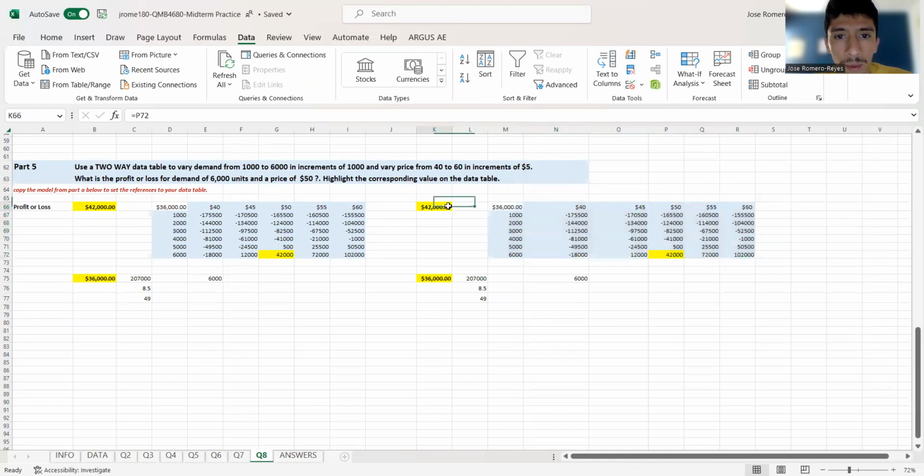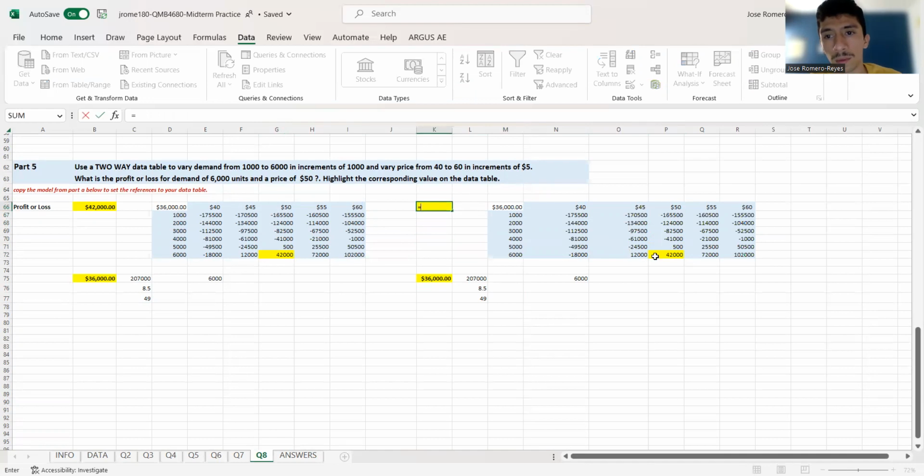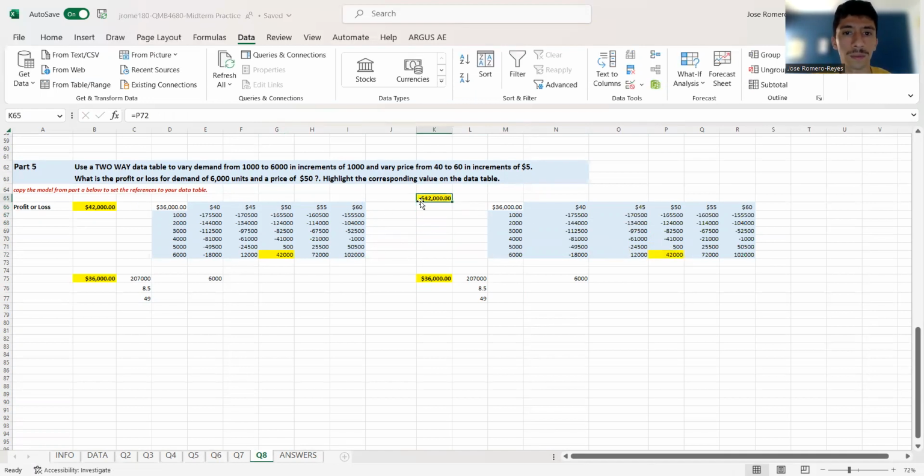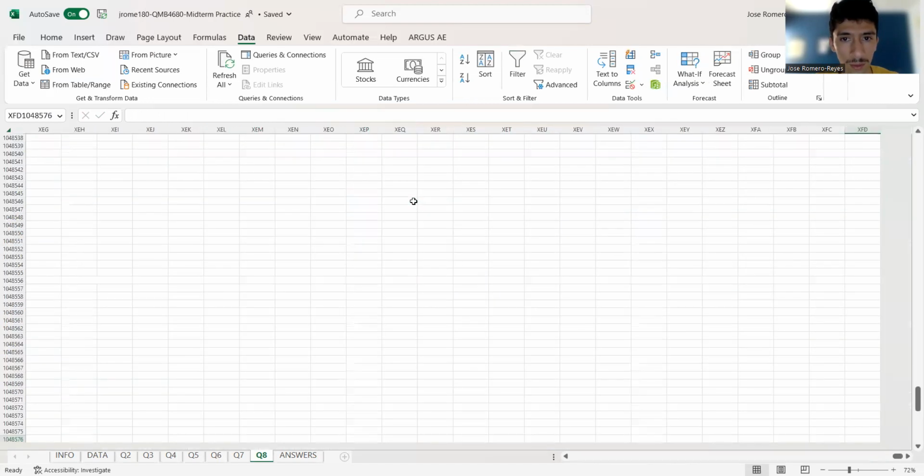What is it asking for? It's asking for a price of $50. So 50 and 6,000 units, which means 42,000 equals this value. We just checked it and confirmed it's correct. Okay, let me just stop the recording.